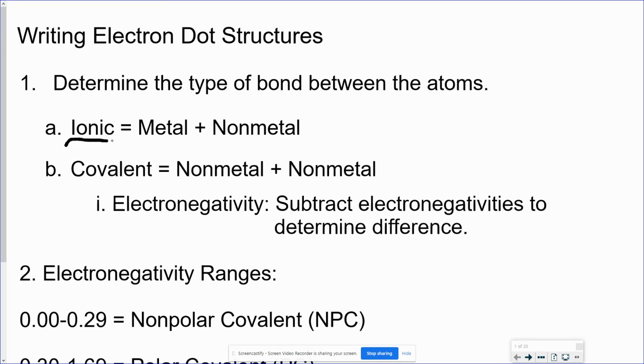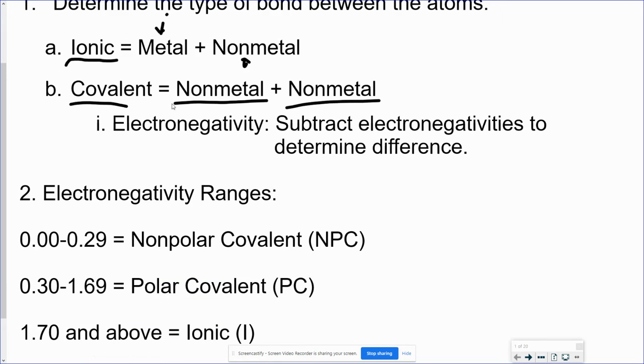And the first thing I want to review is that ionic bonds occur between a metal and a nonmetal, first and foremost. Then you're going to look at if it's covalent, it is nonmetal plus a nonmetal. It is only after you've determined if it's ionic or covalent that you're going to do the electronegativity subtraction to determine if it is nonpolar covalent, which we put as NPC, or polar covalent, which we put as PC.